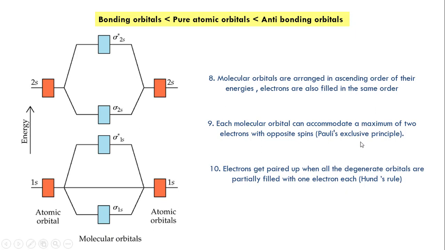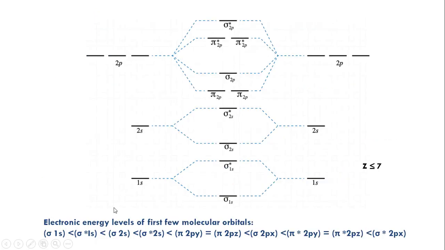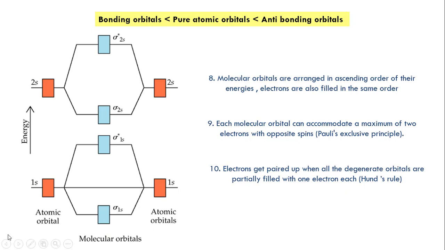This is very similar to valence bond theory. As in valence bond theory, how we fill the electrons, the same manner we have to fill the electrons here. First, we fill one electron and then another electron, so that the maximum in each molecular orbital is two electrons only. Two electrons we fill in the lower energy level, then the remaining electrons we fill in the higher energy levels.